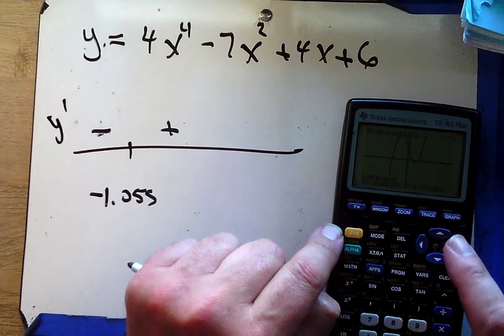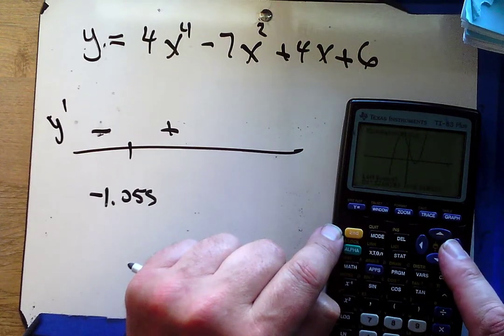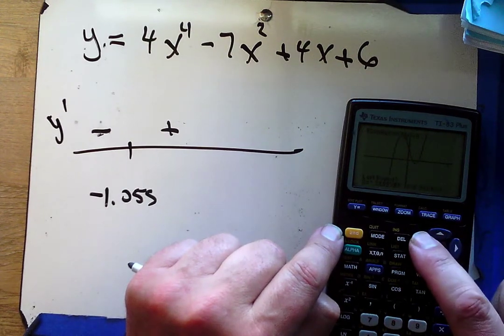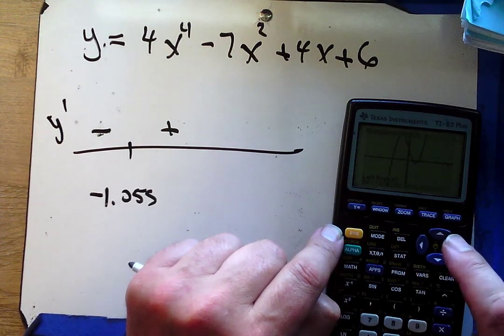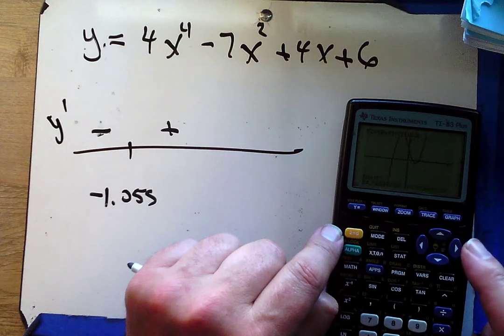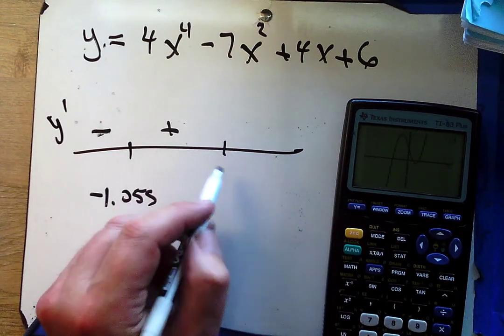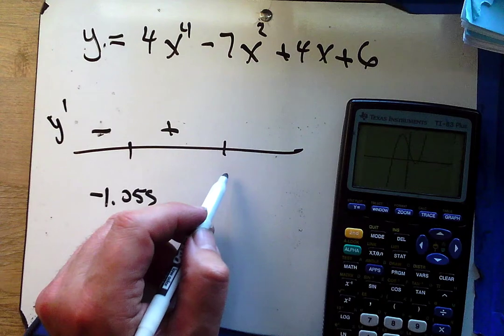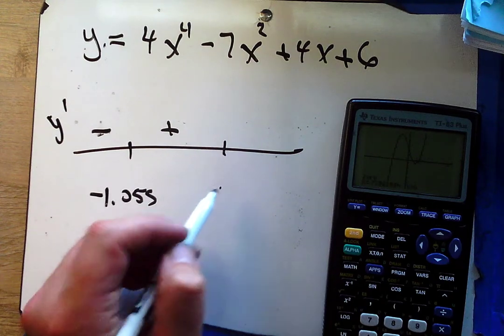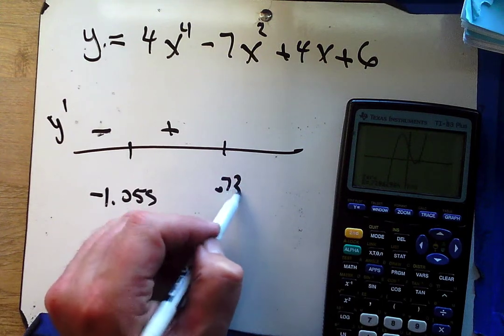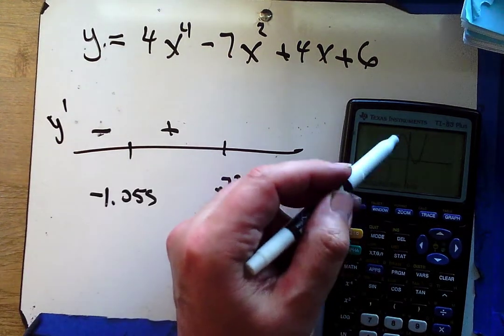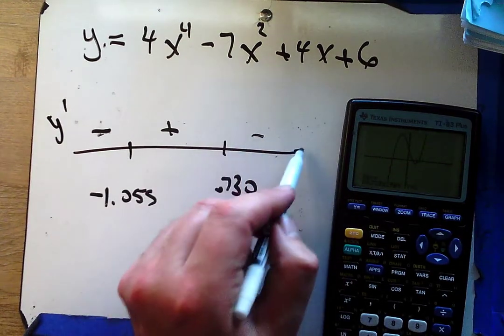And I'm scooching down here, and hit enter. Go to the other side. Hit enter. And I get this place over here, 0.7296, so 0.730. I see positive y values and negative y values.